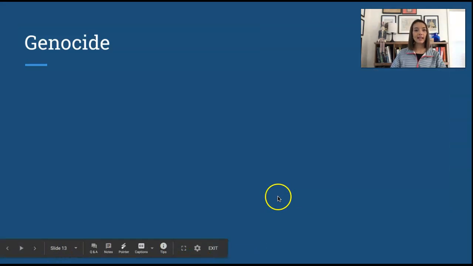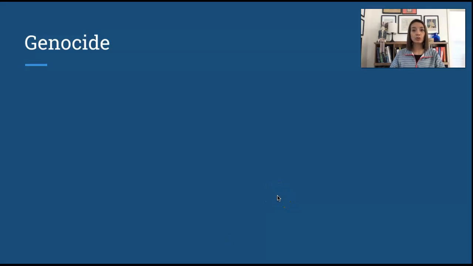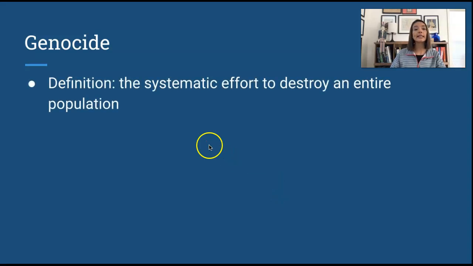Our last slide is about genocide, which is the most extreme form of the patterns of conflict. The definition of genocide is the systematic effort to destroy an entire population. So systematic, this isn't a word to overlook. There are laws in place.